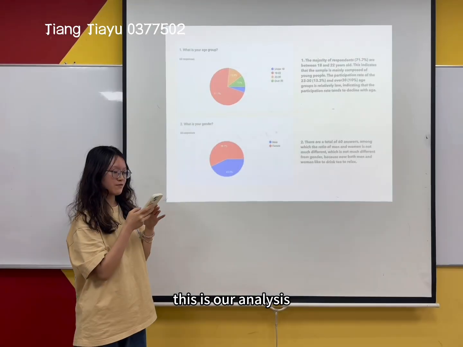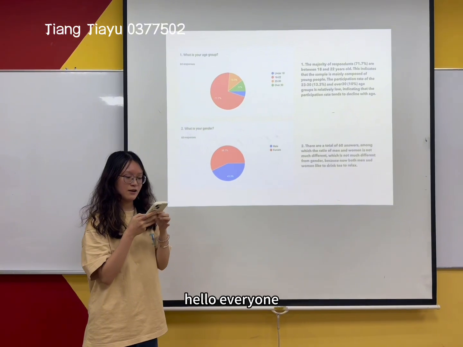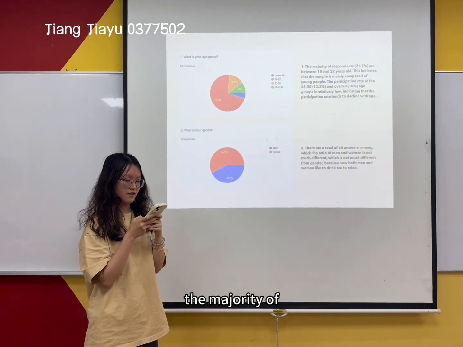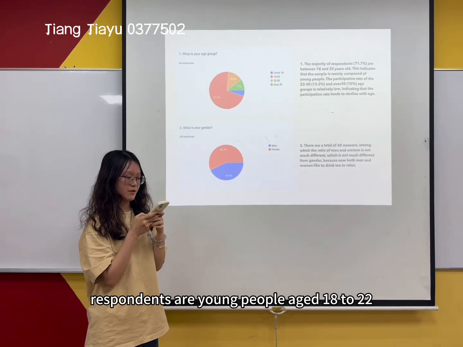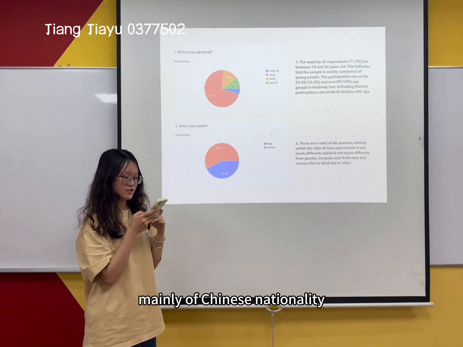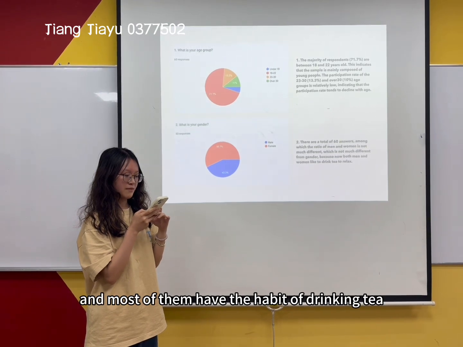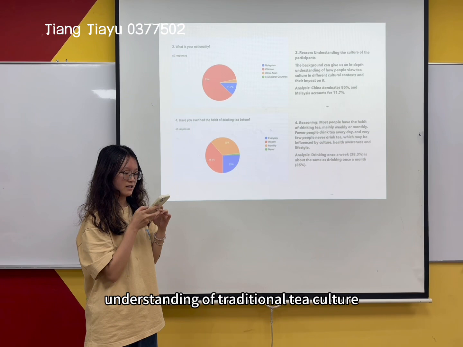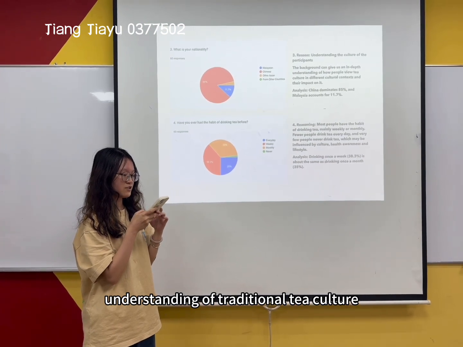This is our data analysis. Hello everyone. According to the research result, the majority of respondents are young people aged 18 to 22, mainly of Chinese nationality, and most of them have a habit of drinking tea and have a basic understanding of traditional tea culture.